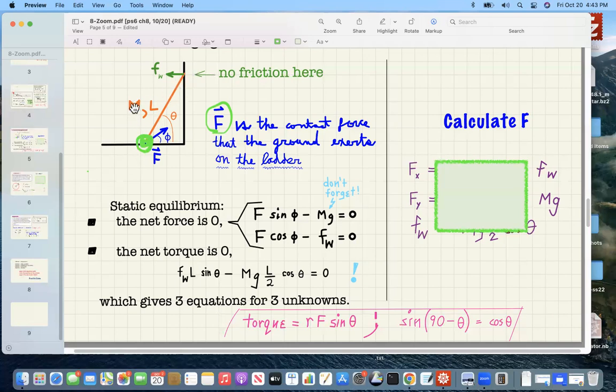The mass is m, the force is mg, directed downward.